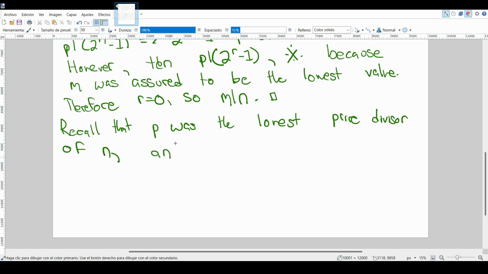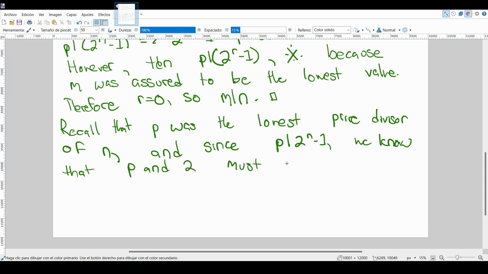And since p divides 2 to the n minus 1, we know that p and 2 must be coprime. They cannot not be coprime because then that would mean that p equals 2, but that is impossible considering we have assumed p to divide 2 to the n minus 1.